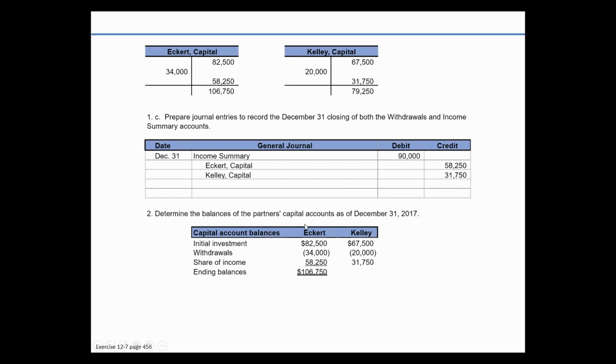So the ending balance for Eckerd is 106,750. And then Kelly, same thing. Her initial investment was 67,500. Withdrawal of 20,000. The share of the income is 31,750. The ending balance for Kelly is 79,250. And we see that what we figured here matches what's in our books. So we know that everything was done correctly.